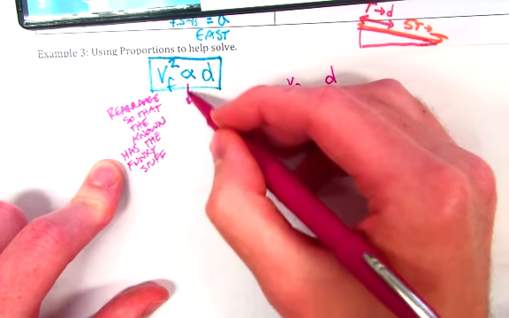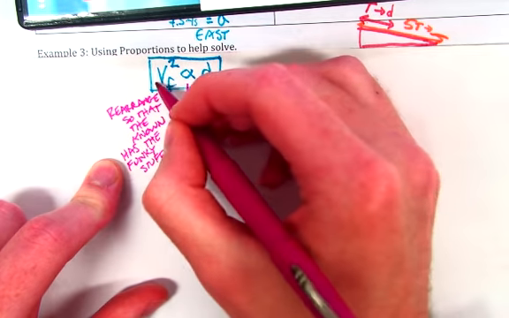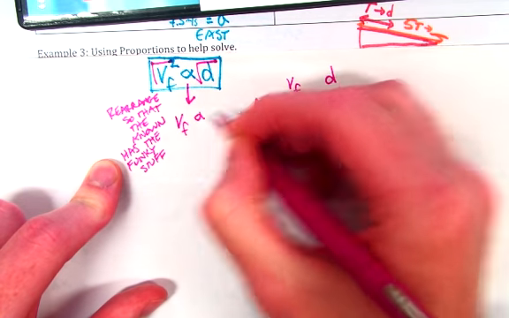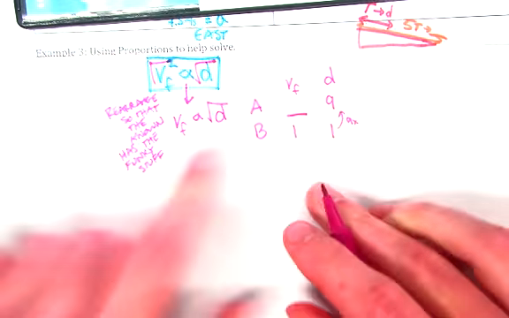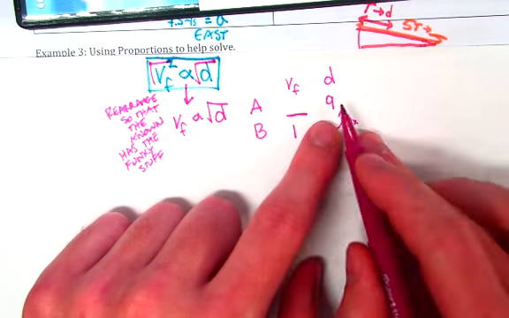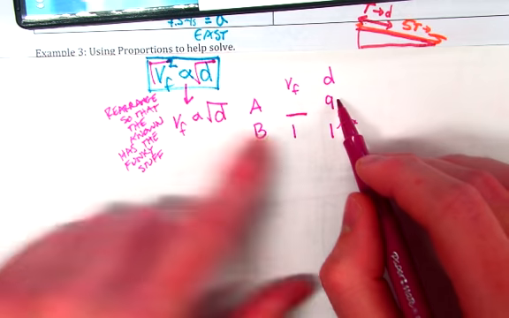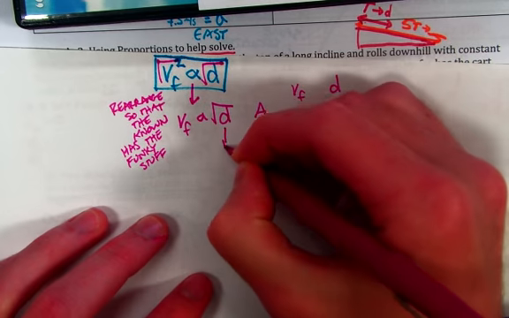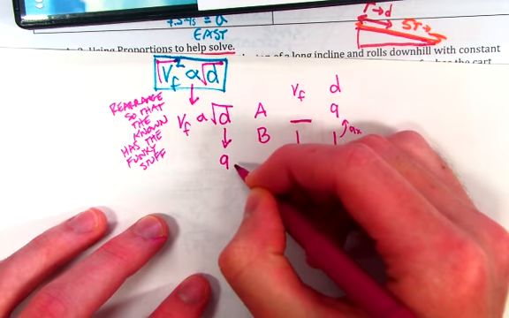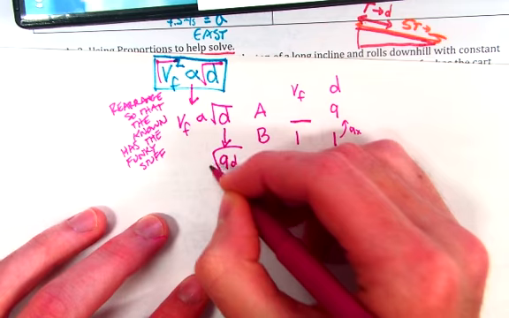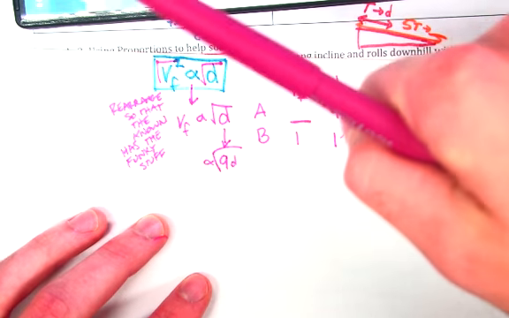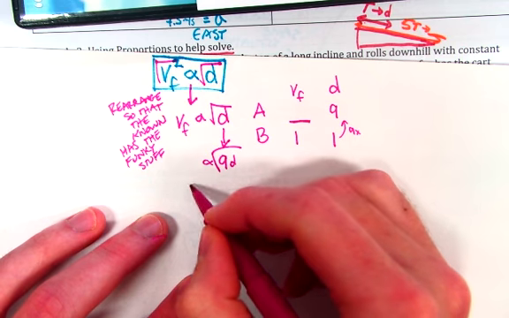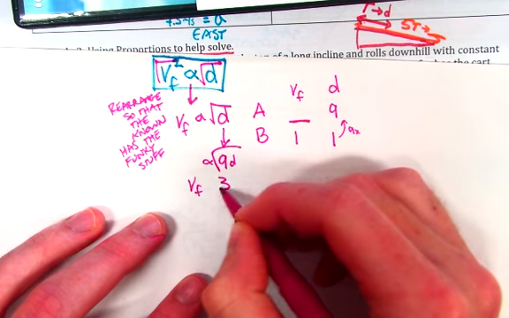That rearrangement looks like VF is proportional to the square root of D. The reason I do that is that when I look over here, I can just take 9 and plug it in for D. It gets square root, and it turns the crank and spits out that the square root of 9 gives me a VF of 3.